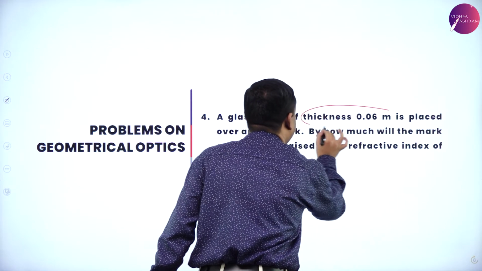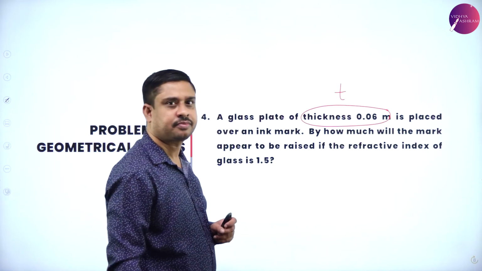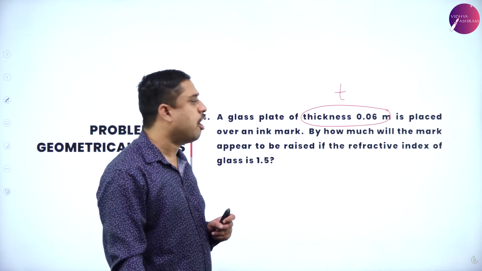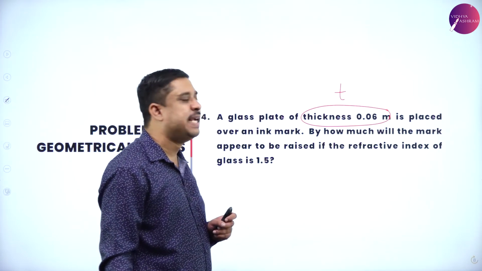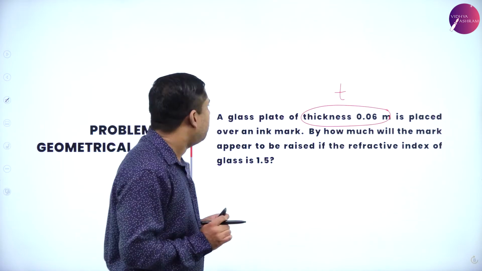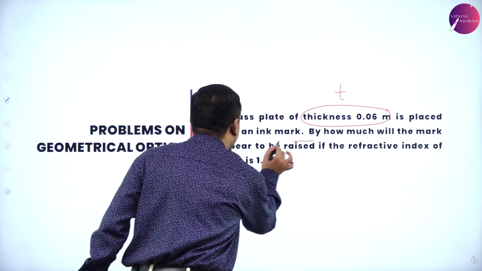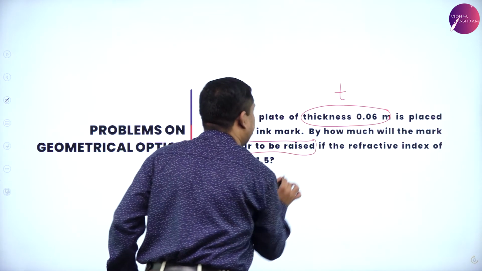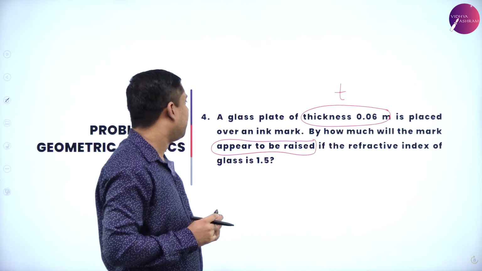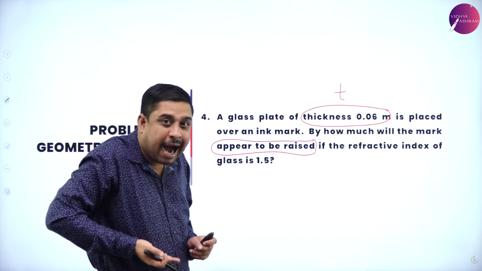A glass plate of thickness 0.06 meter is placed over an ink mark. By how much will the mark appear to be raised if its refractive index is 1.5?